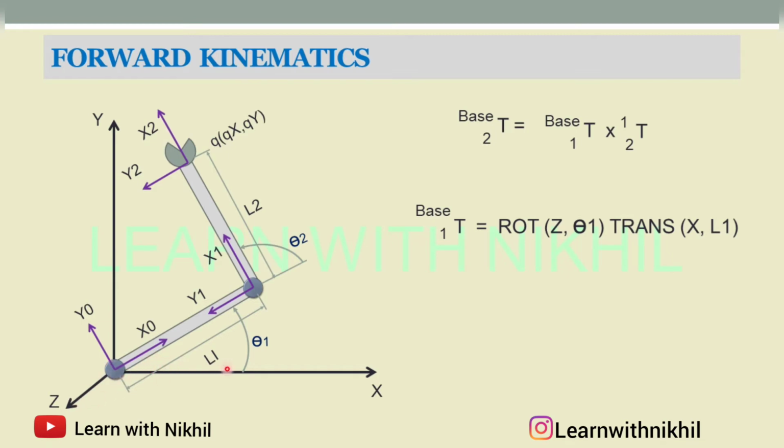So first it was straight, first we rotated about the z axis at an angle of theta 1, then we transfer this coordinate along the link, along the x axis. As you know, the x axis is always parallel to the link.